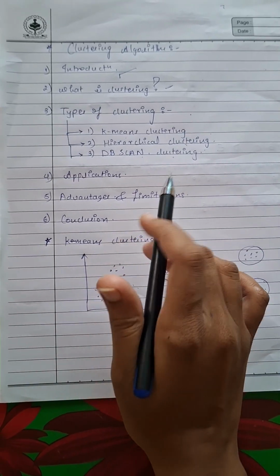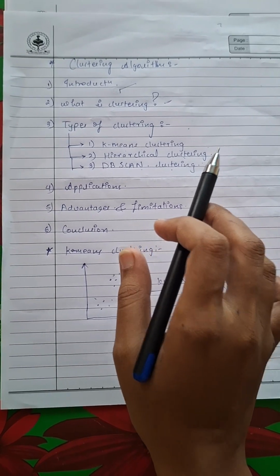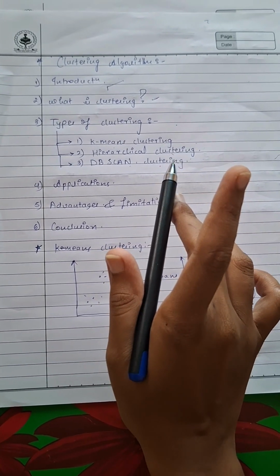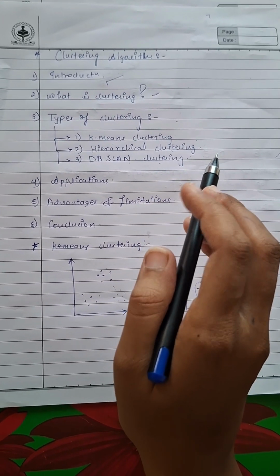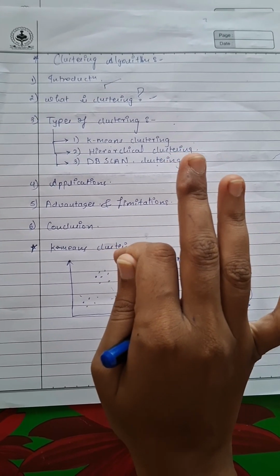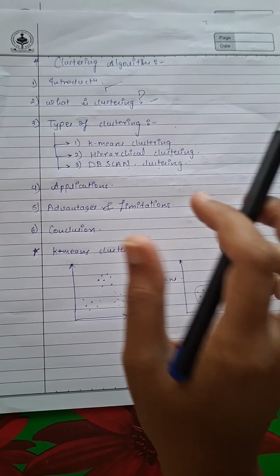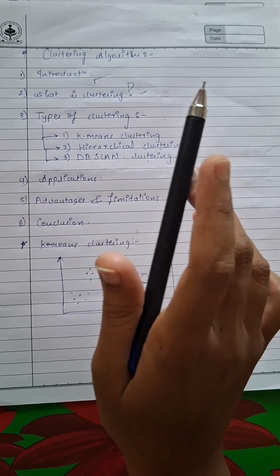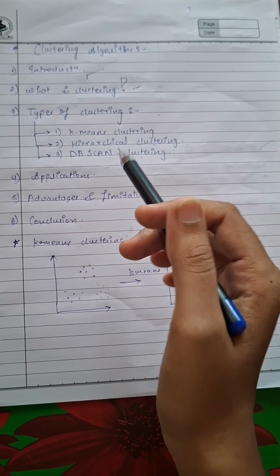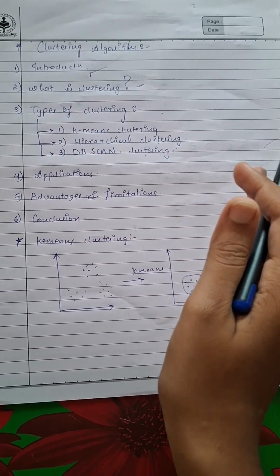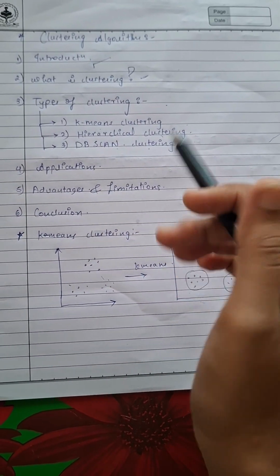So let's see how the k-means clustering algorithm works. First step is that we have to choose the number of clusters. Second step is to randomly place k centroids. Third step is to assign each point to the nearest centroid. Then the fourth step is to recalculate the centroids based on the mean of the points in the cluster. And last is to repeat until clusters stabilize.